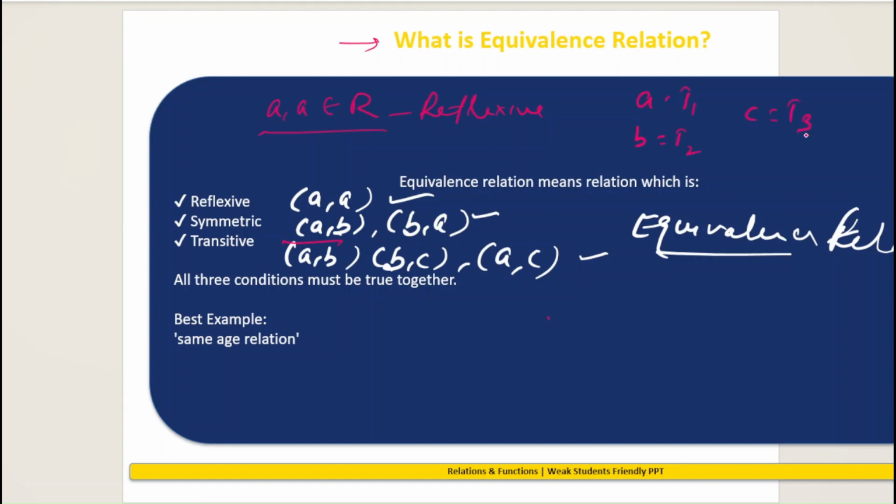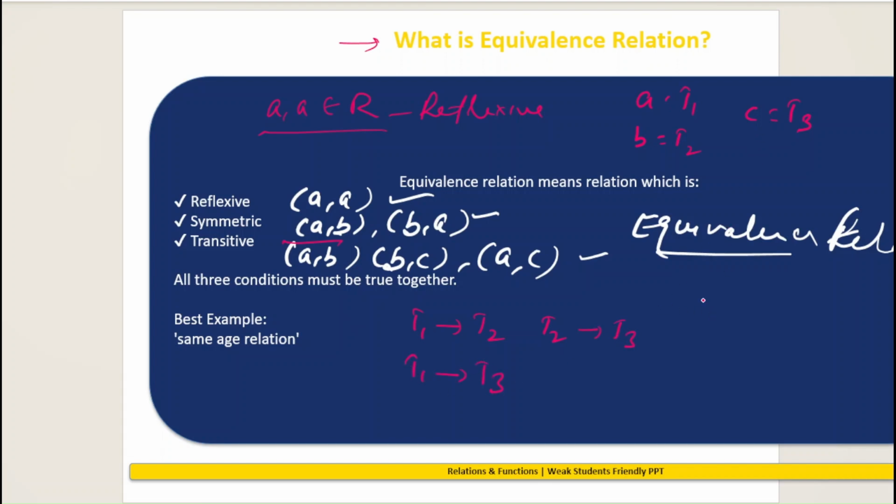The question says the triangles are overlapping each other. So if T1 is overlapping T2 and T2 is overlapping T3, it is automatically understood that T1 is also overlapping T3.